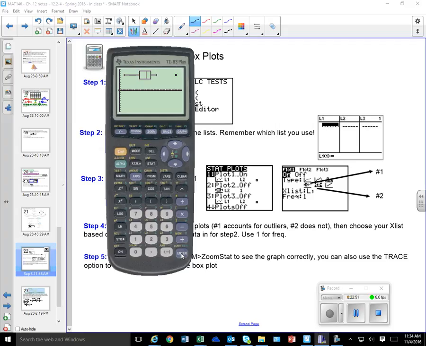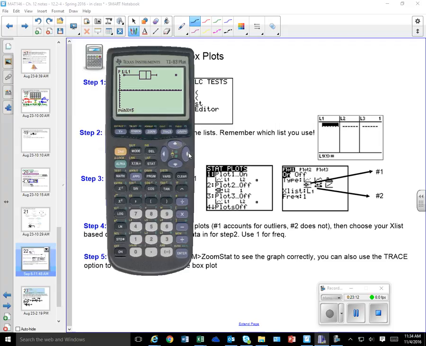And then we get to see this, right? So now we see that box plot there, and we can see that there's an outlier. But if I don't want to go back and look at the original data to figure out what that outlier is, I can go to trace and notice that it goes onto the graph and tells me what each of these points are.